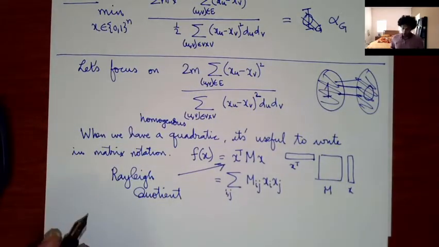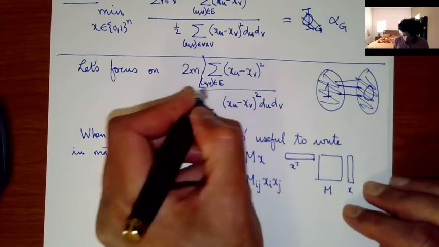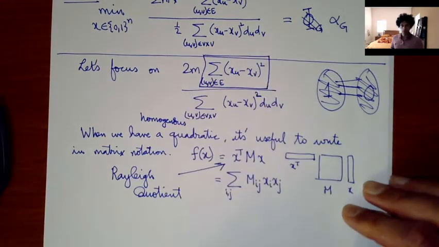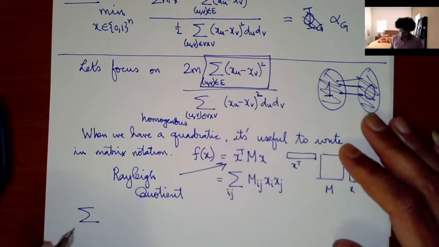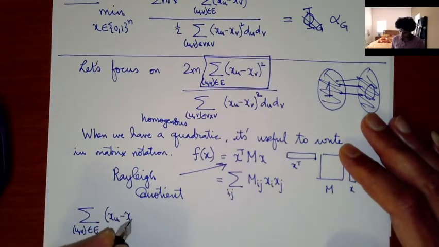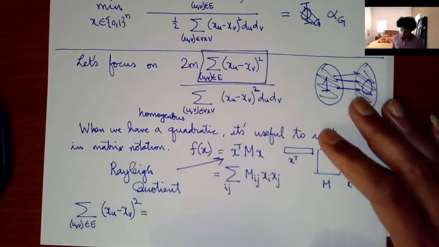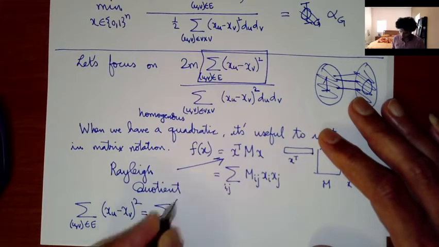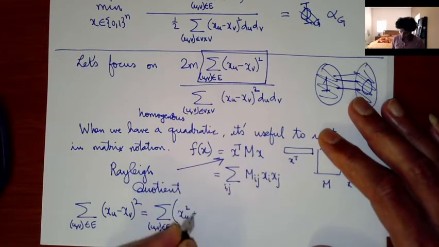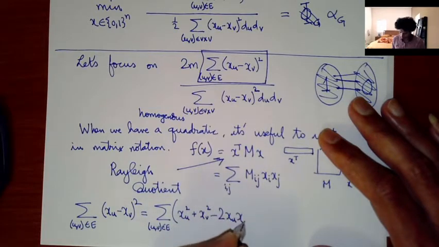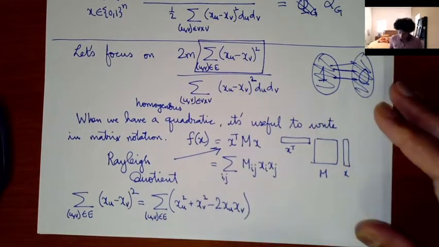Okay, so I want to look at this quadratic form, and this is very special. This is summing over all edges of (x_u minus x_v) squared. So I can just expand it out. I sum over all edges of x_u squared plus x_v squared minus 2 x_u x_v.